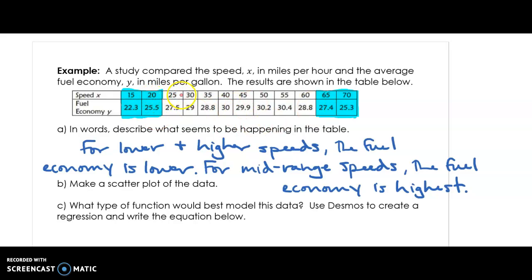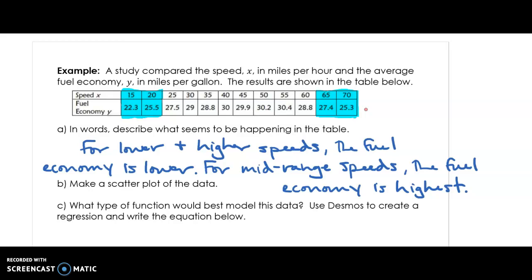As I get to higher and higher speeds, up around 40, 45, 50, even 55, I kind of top out around a fuel economy of 30, and then as I start to get faster than 55 miles per hour, my y values start to go down. My fuel economy starts to go down again.